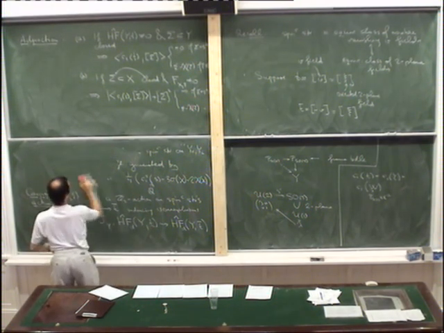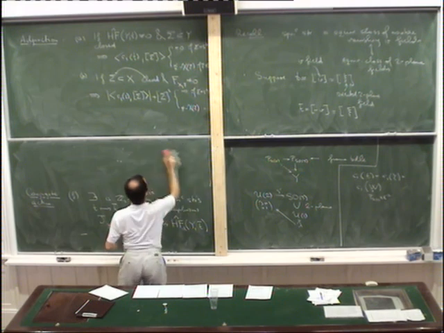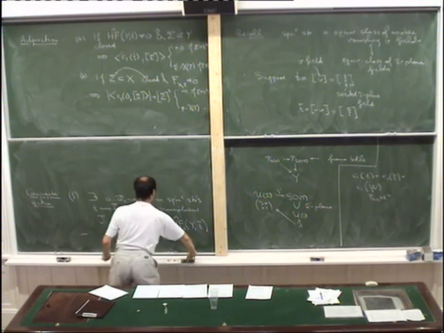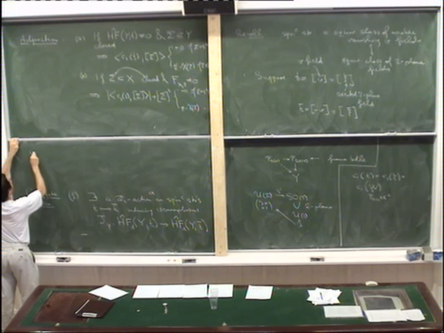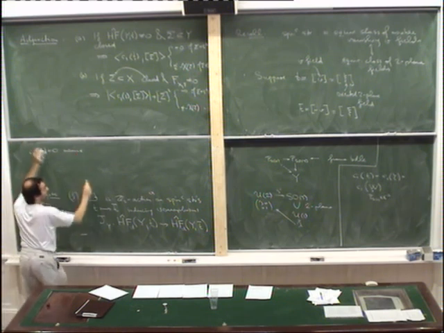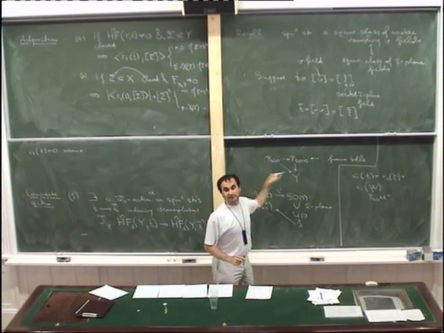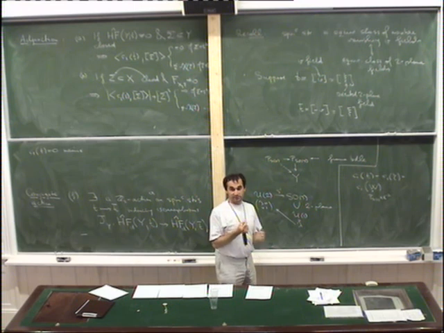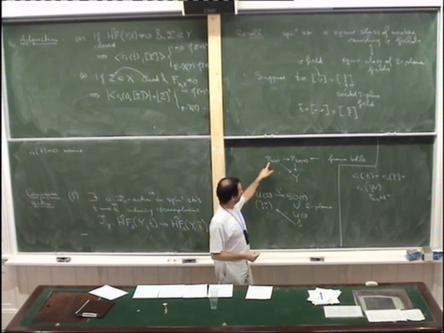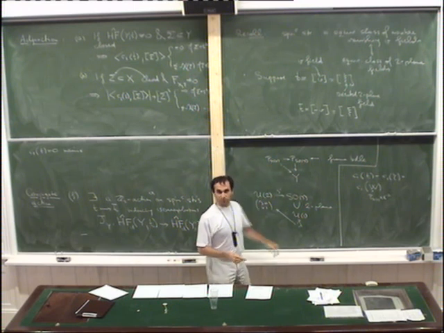So C1 equals 0 means that in fact this lift can be homotoped from U2 into SU2, right? C1 is just the obstruction to homotope the co-cycle structure of this bundle into SU2.